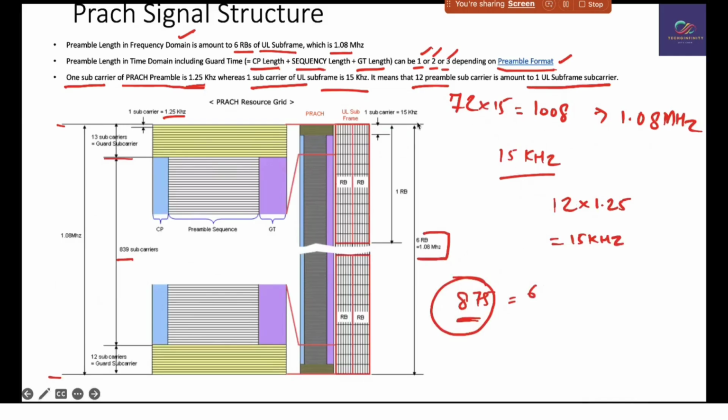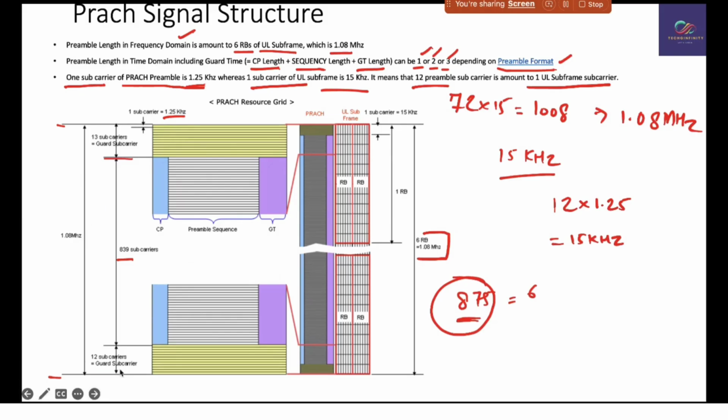One subcarrier of the preamble is 1.25 kilohertz, whereas one subcarrier of the uplink subframe is 15 kilohertz. That means we don't need 15 kilohertz subcarrier spacing, because we are only sending a preamble sequence ID in message one.